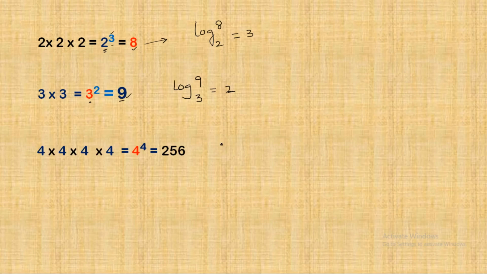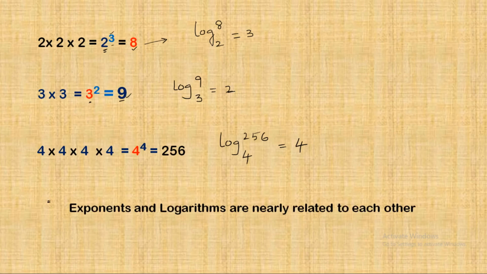Here also first we consider the value of the exponent, that is 256. The same base, that is 4 as in the exponent case, and that is equal to 4. So this is how we convert exponential form into logarithmic form. We can conclude that exponents and logarithms are closely related to each other.